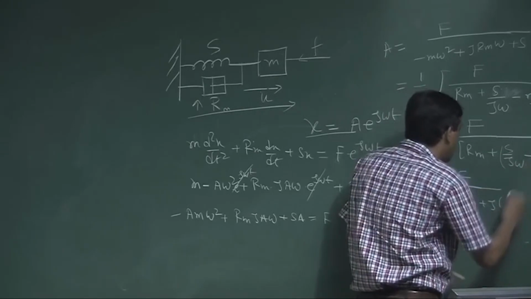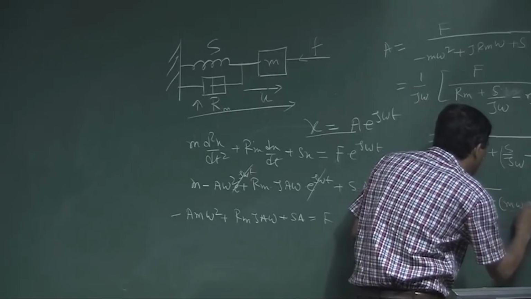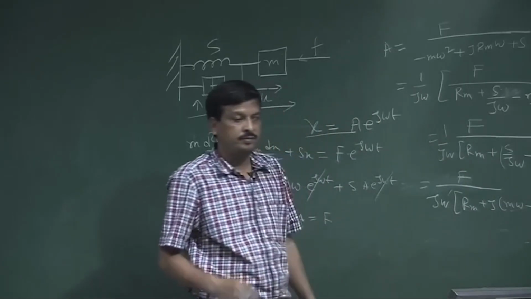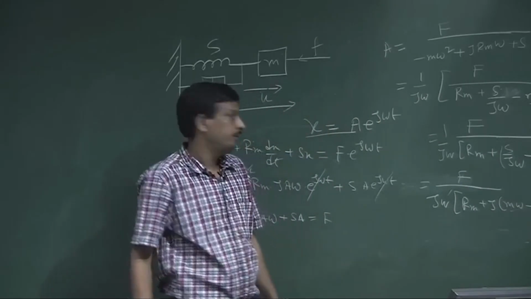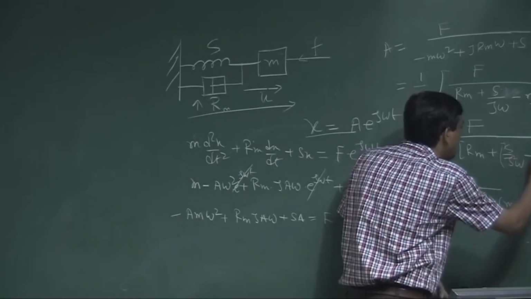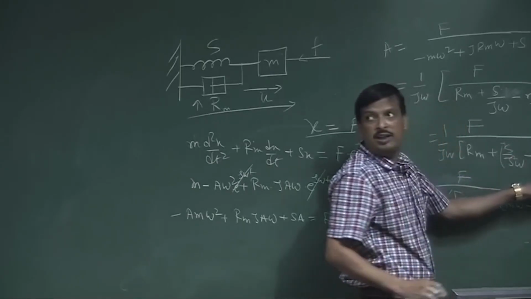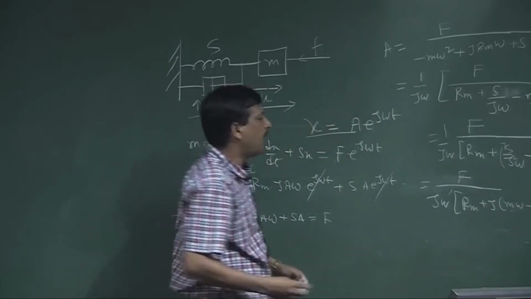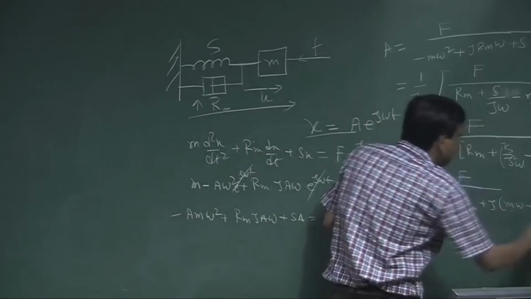So, it is m omega minus s by omega, multiplying j, and j square is nothing but minus 1. Okay. So, it is F by j omega into r m plus j omega into m.